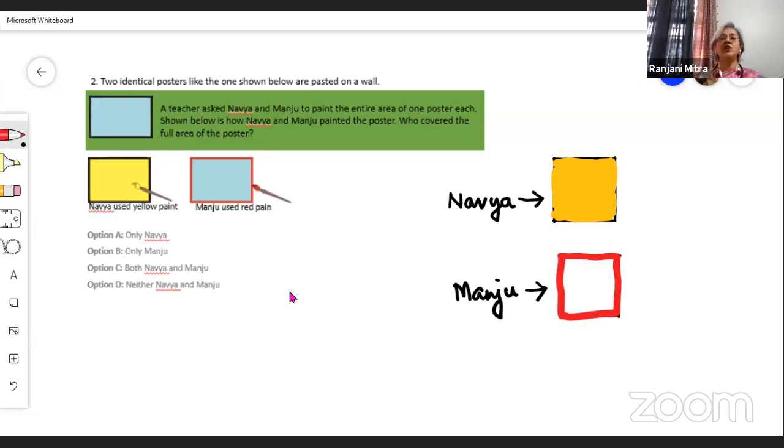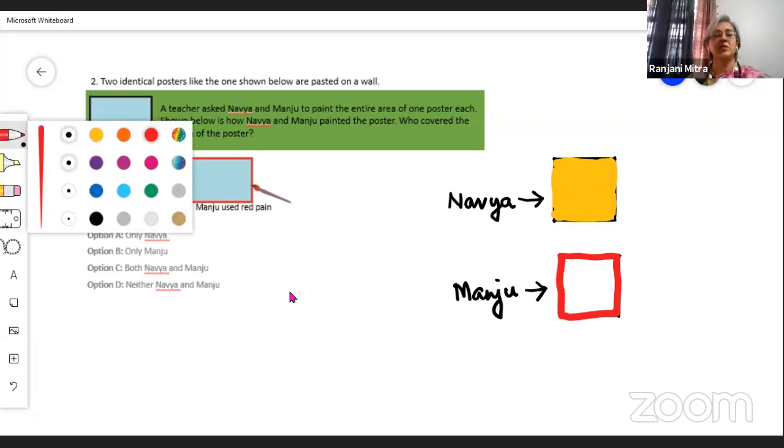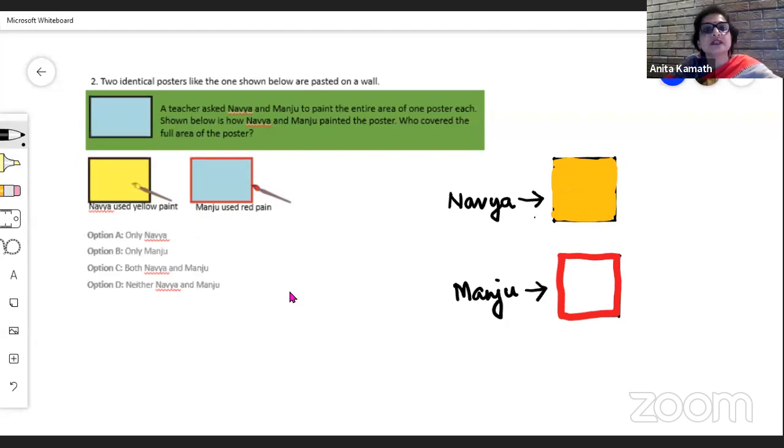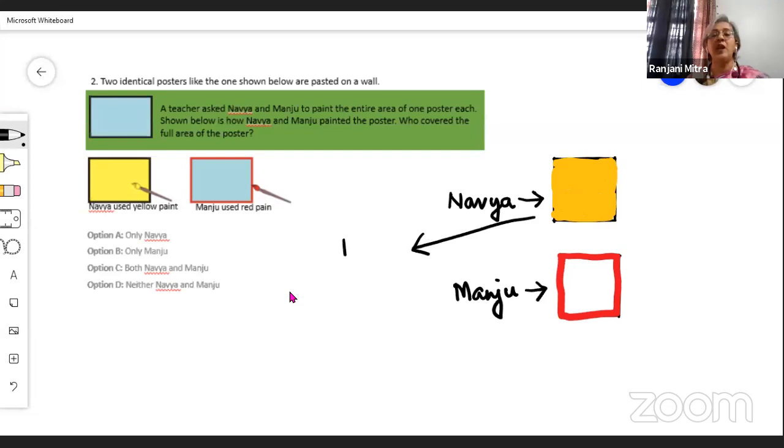Anita ma'am, which of them covered the full area of the poster? What do you think? The yellow one, Navya. Navya covered the full figure. It says full area. Full area was done by Navya. So Navya painted the area. And what do you think Manju did?